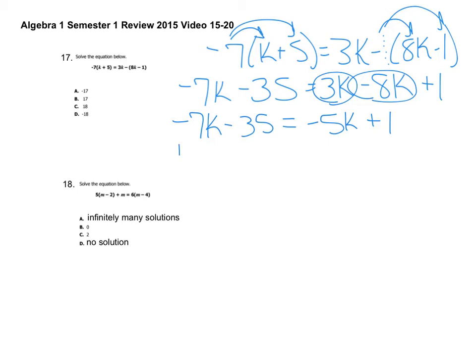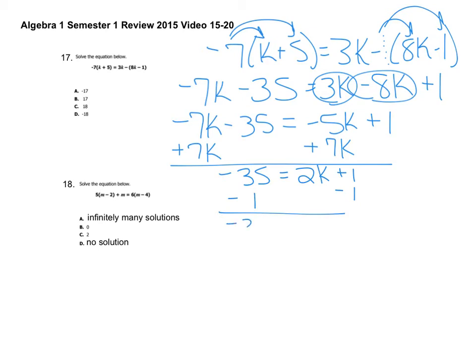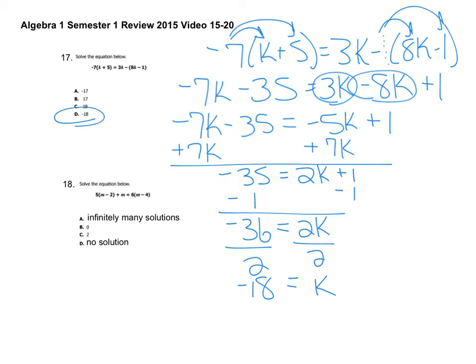Minus 7k is smaller, so I'm going to add 7k to both sides. Negative 35, don't lose this minus sign here, equals 2k plus 1. I'm going to subtract 1 from both sides. I'm going to divide both sides by 2. And I get k is negative 18, which is D.